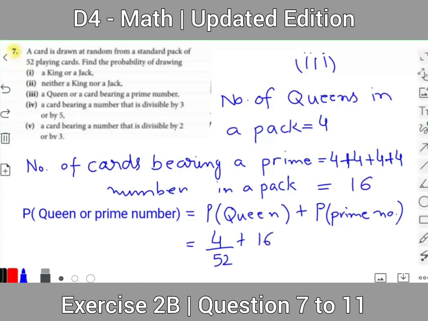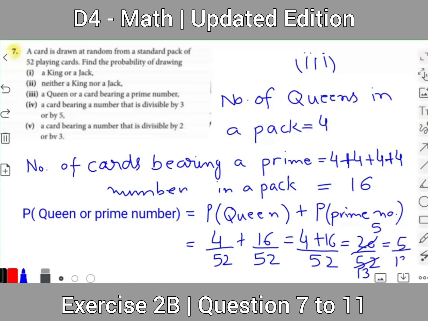So here we have 16 over 52. Now we will add 4 and 16 and divide it by 52. So here we have 20 over 52. And after simplification, we will get 5 over 13. So the probability of a queen or a prime number is equal to 5 over 13.